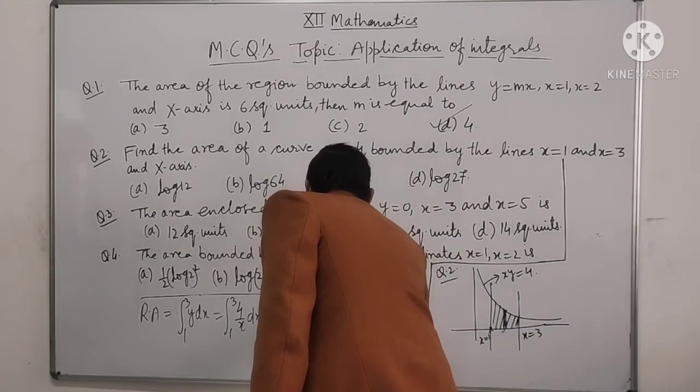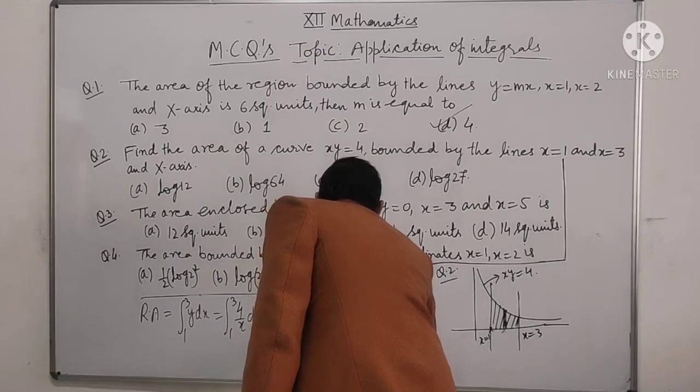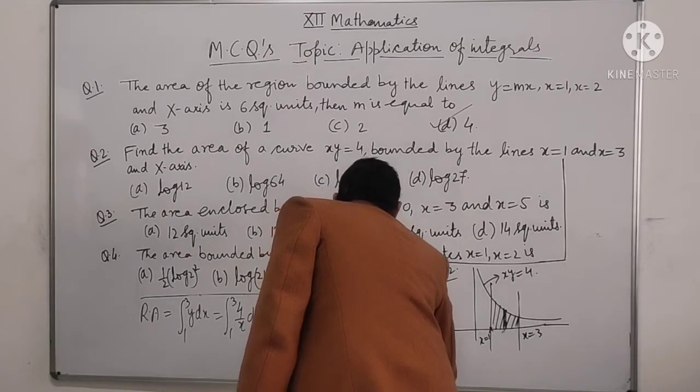Limit 1 to 3, then 4, then it is log 3 minus log 1.